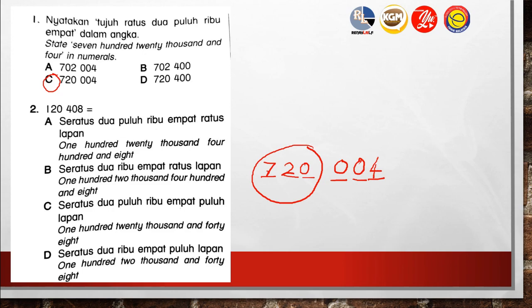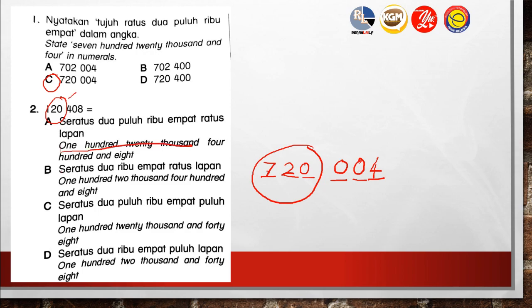Let's look at number 2. 120,408. You're supposed to read it out. It's in the group of 1,000, so 120,000.